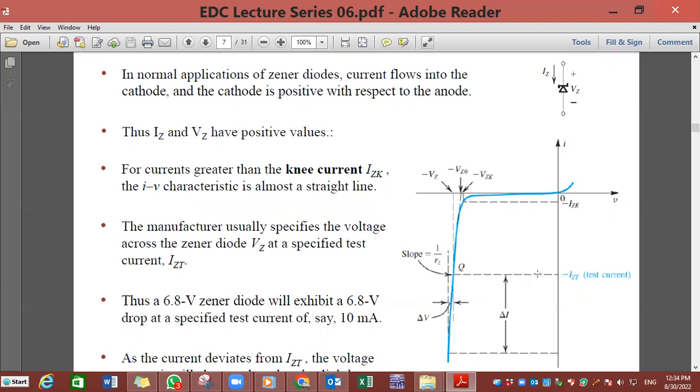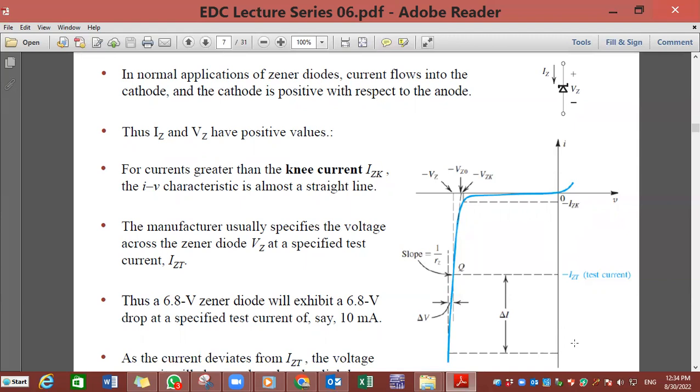So this Zener voltage VZ is normally mentioned at a test current, and that test current is in the middle of the whole range of the Zener current. The whole range is between IZK, the minimum current, and IZ maximum, which is not mentioned here.